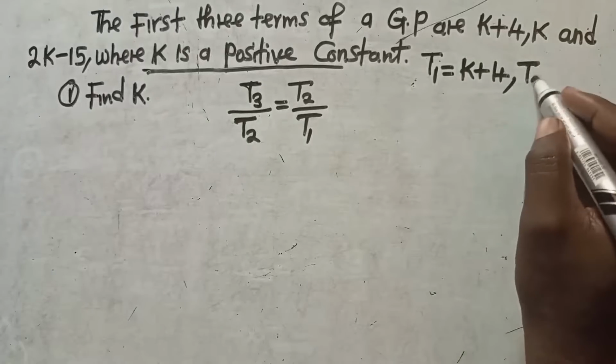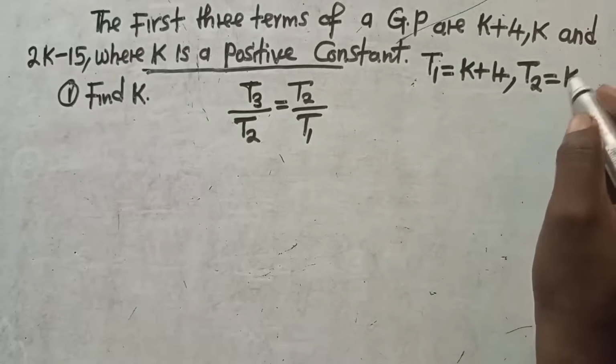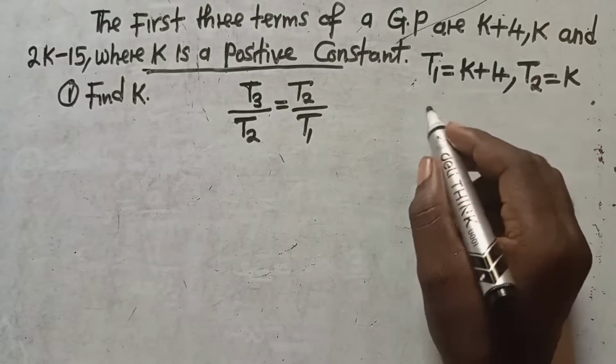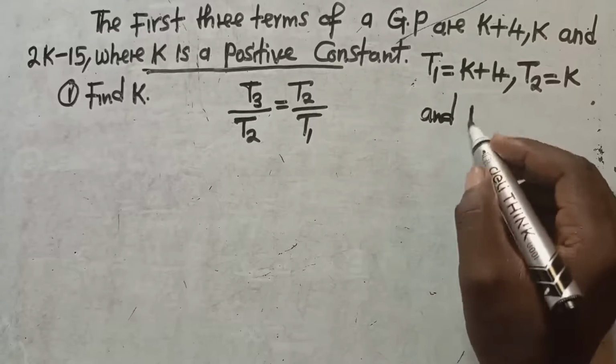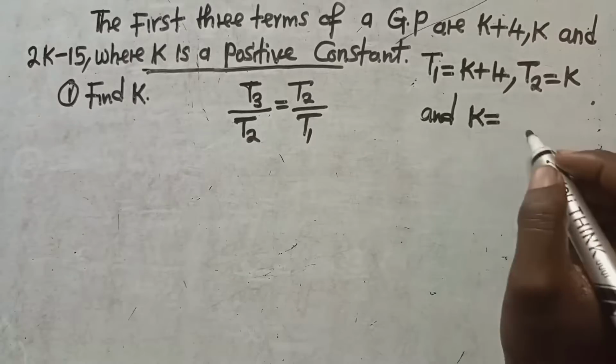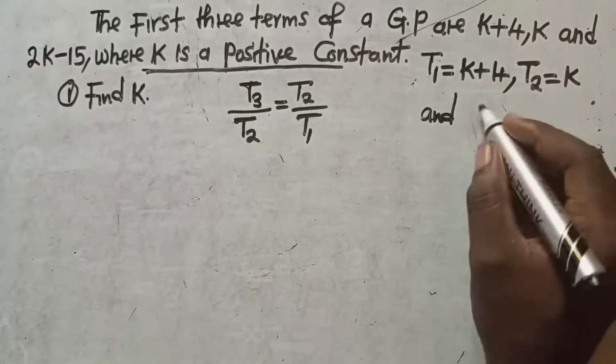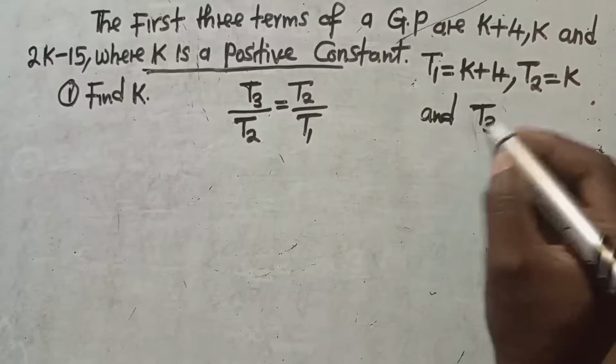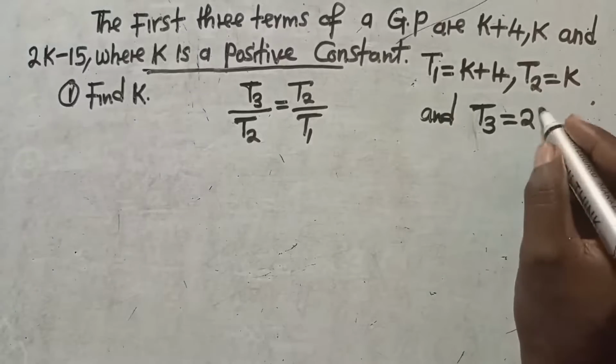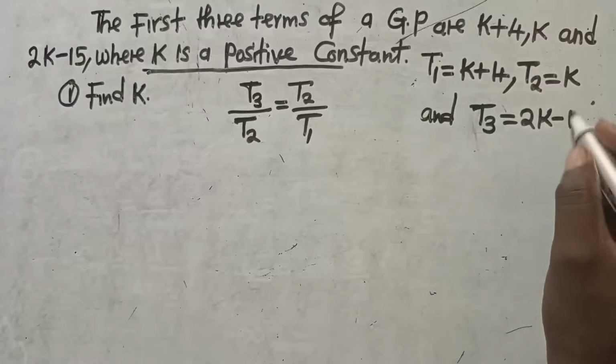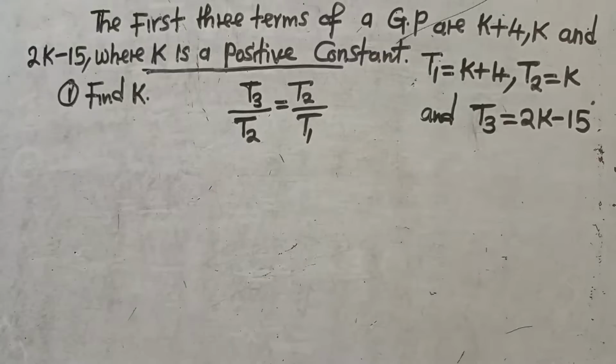The second term is k. The third term is 2k minus 15. This is the information that you are given.